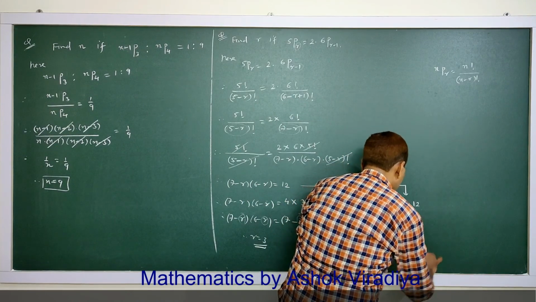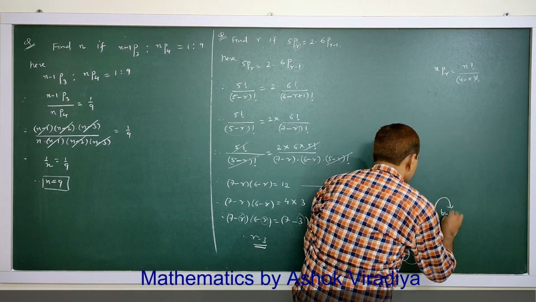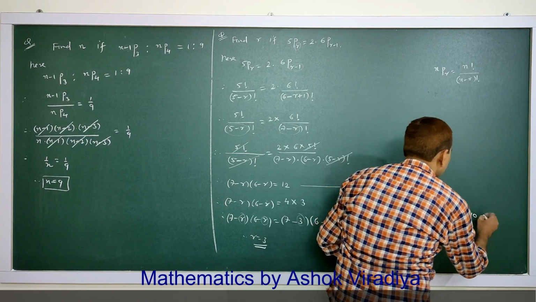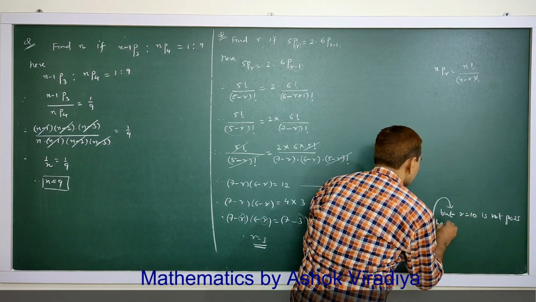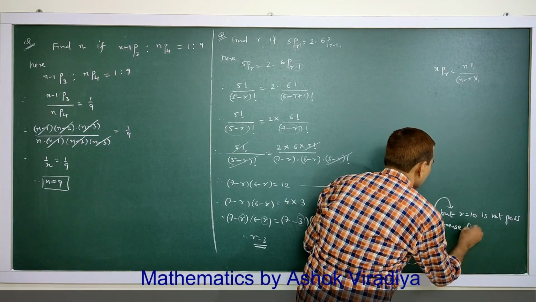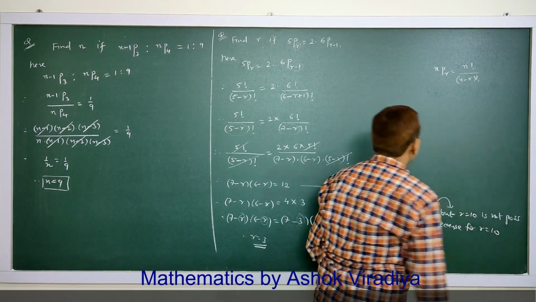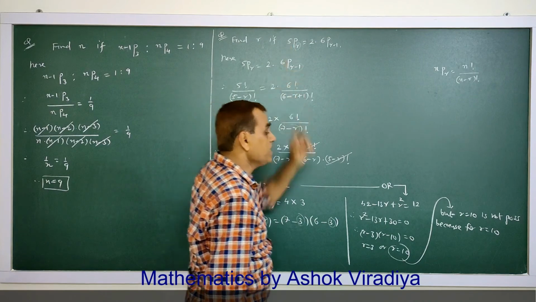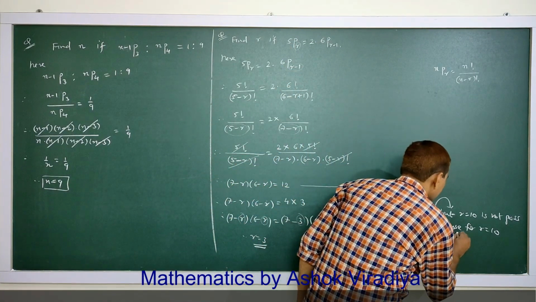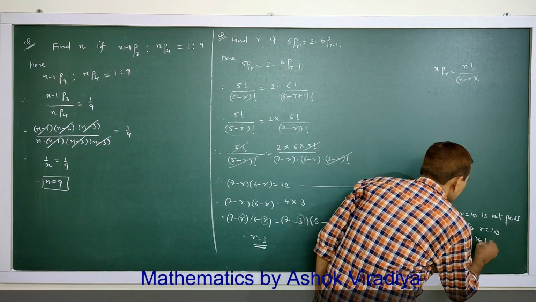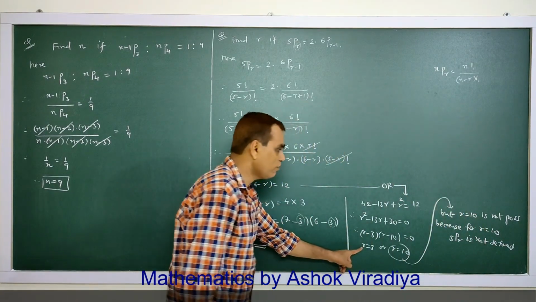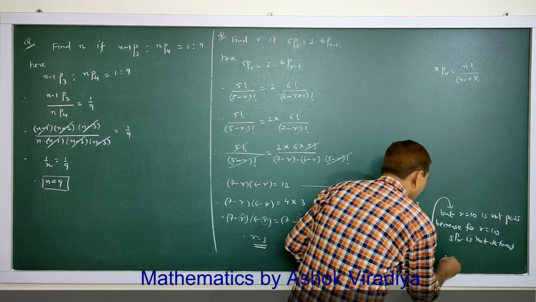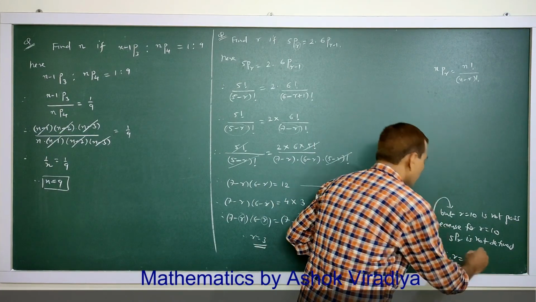So here r equal to 10 is not possible, because for r equal to 10, 5Pr is not defined. So the possible value of r is 3. Therefore, r equal to 3.